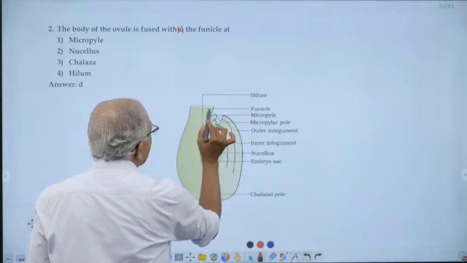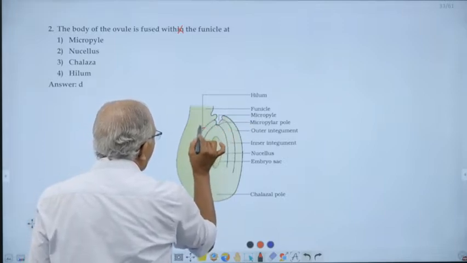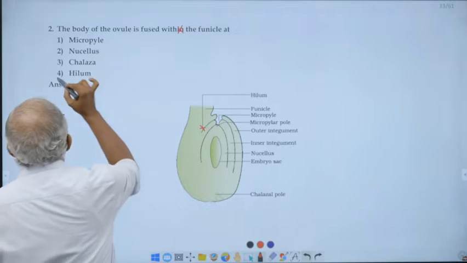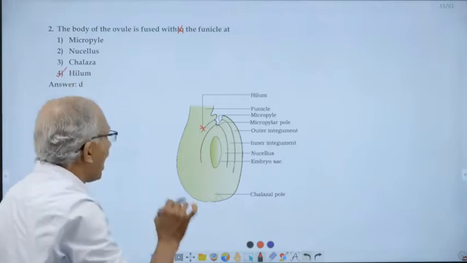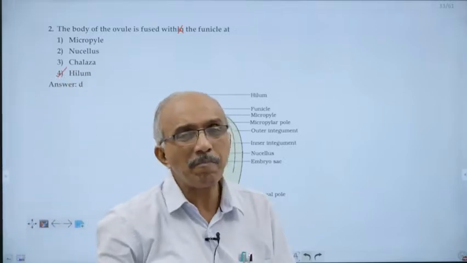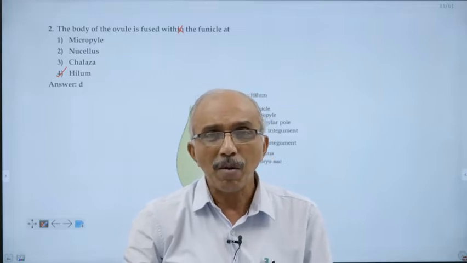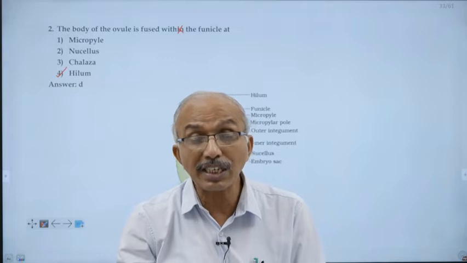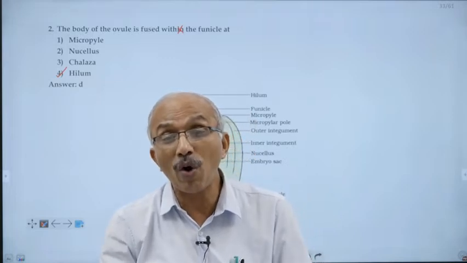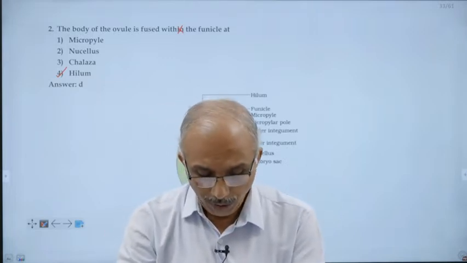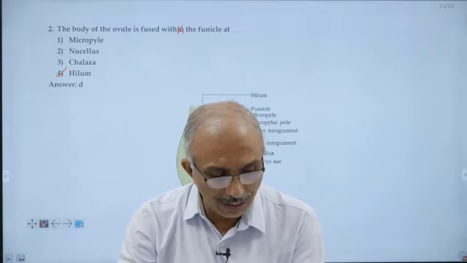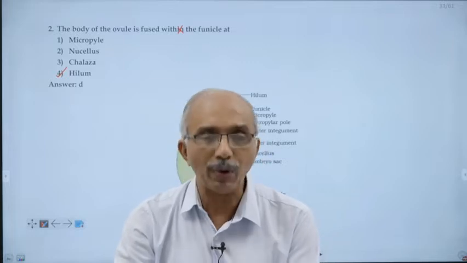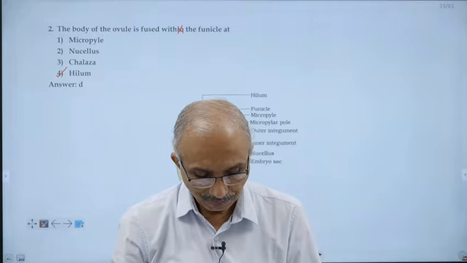It is fused with the funicle at a point here. The point is called hilum. Hilum is the point at which the funicle fuses with the body of the ovule. Yes. Next.